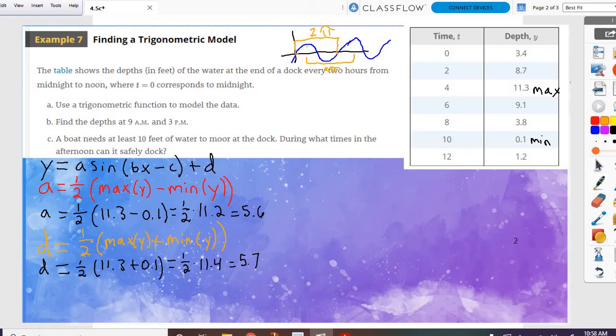So we don't know how far we've had to shift over to be able to find our B value. But what we can do instead is think about it: I have a maximum and I have a minimum. I know that to go from one maximum to the other maximum on my normal graph is 2 pi, or it's going to be the period of the graph if we've changed it.